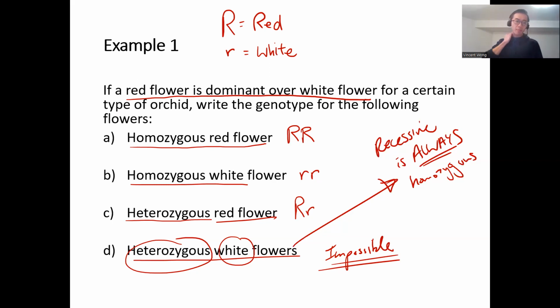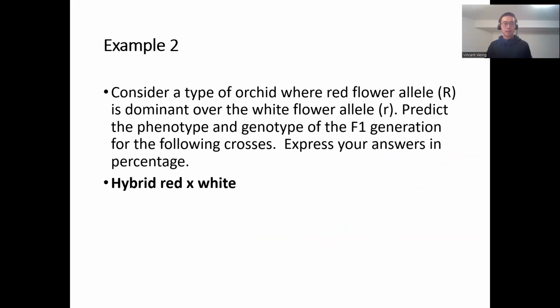I think we have time to do one more example, if you guys are up for it. Consider a type of orchid where red flower allele, big R, is dominant over white flower allele, small r. Predict the phenotype and the genotype of the F1 generation.